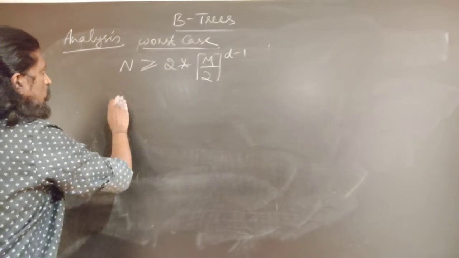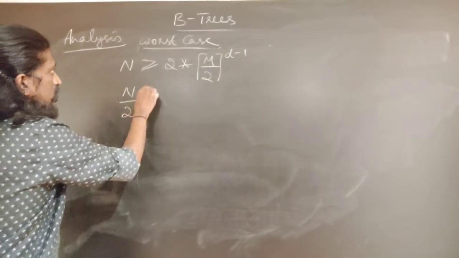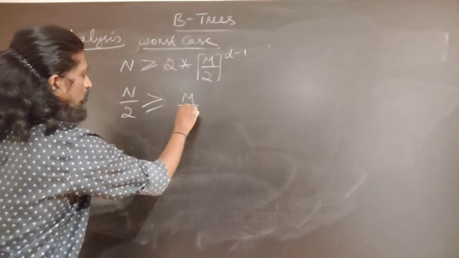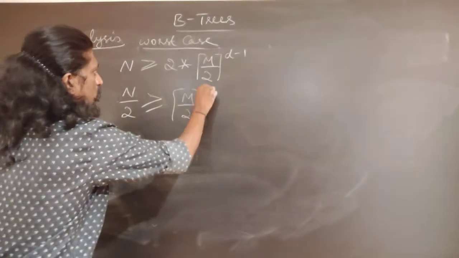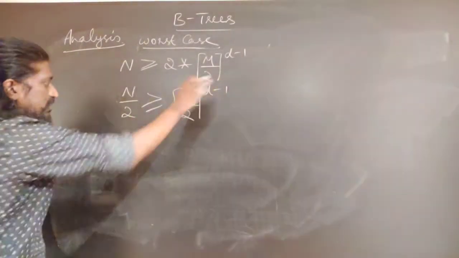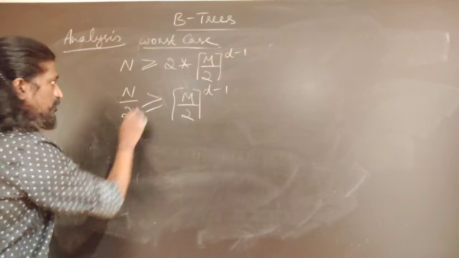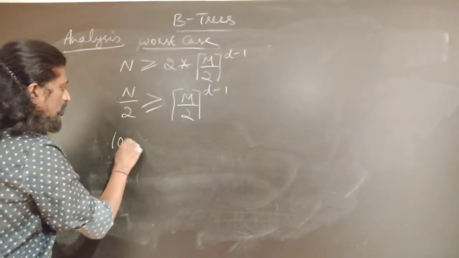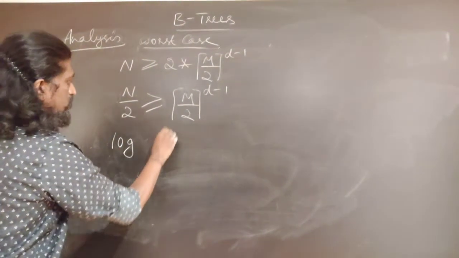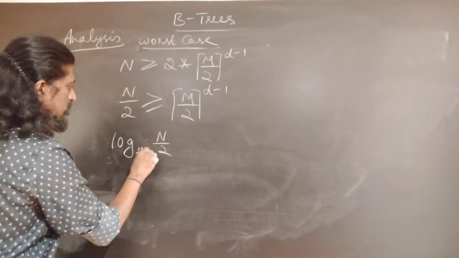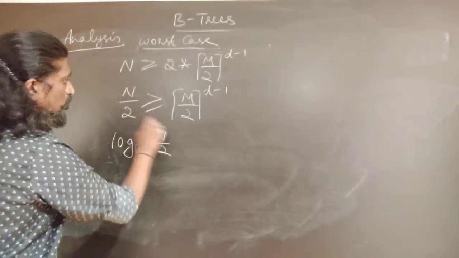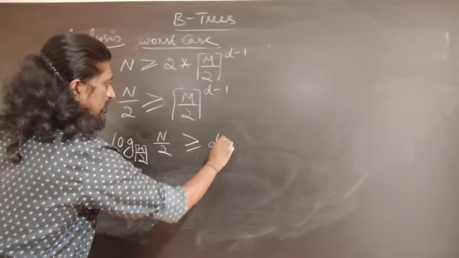Now let us solve this expression. 2 goes to the denominator, so N by 2 is greater than or equal to m by 2 to the power of d minus 1. Applying logarithms, we get log of N by 2 to the base m by 2 is greater than or equal to d minus 1.